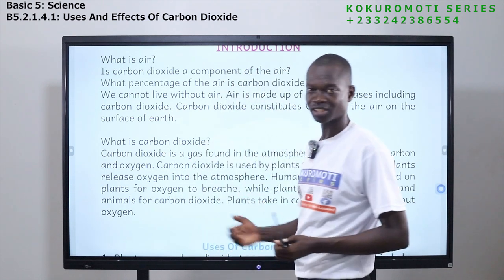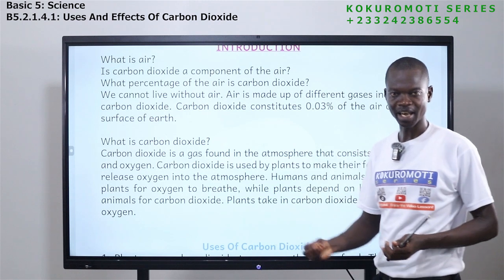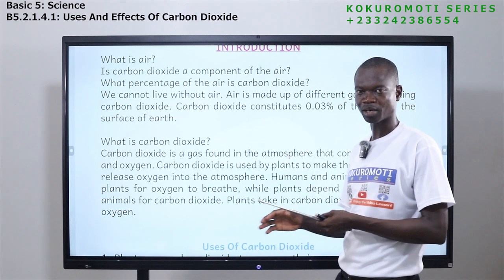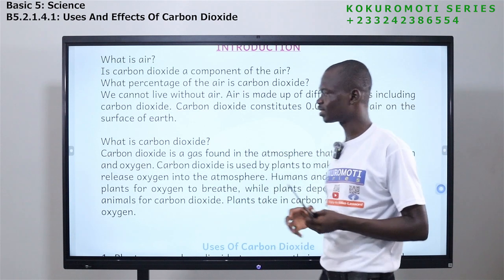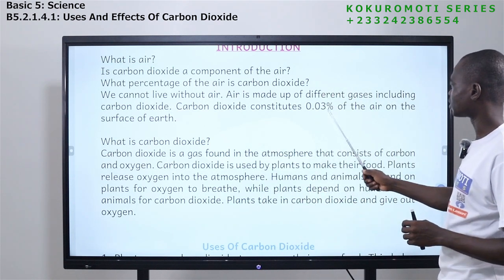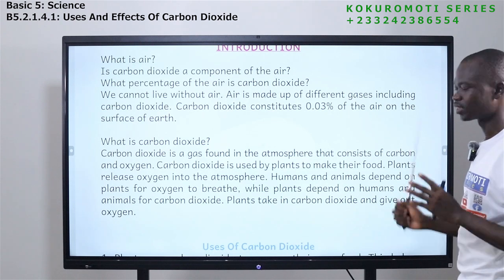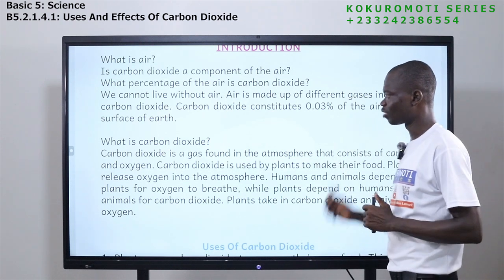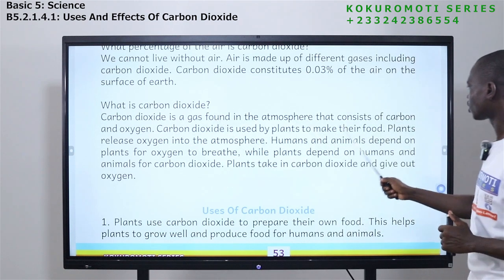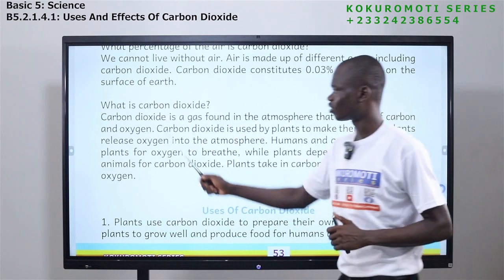So during photosynthesis, the plant needs air. The air that the plants use is carbon dioxide. The percentage of carbon dioxide in air is 0.03%. Now, what is carbon dioxide? Carbon dioxide is a gas found in the atmosphere that consists of carbon and oxygen.